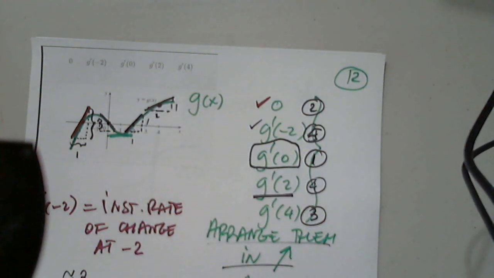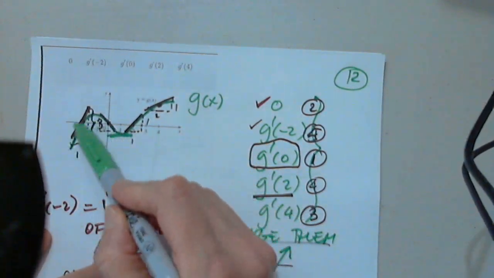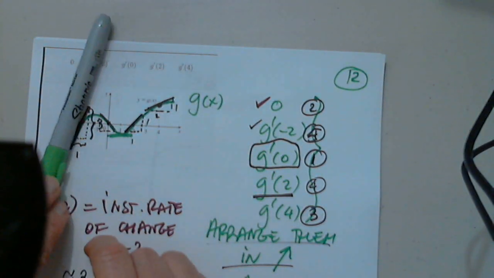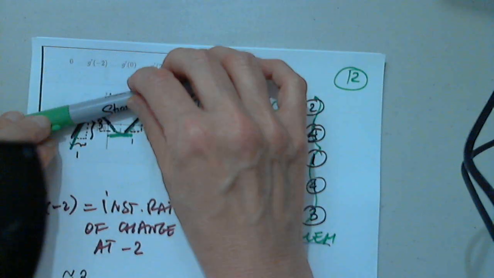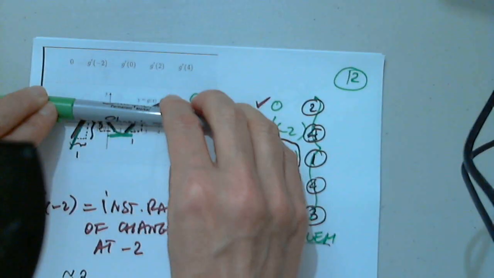If this is profit or cost or whatever else, volume or labor, whatever. So this was the best increase, the highest increase. The highest increase is basically here, and then it flattens, and then it reaches a maximum because the slope is 0.